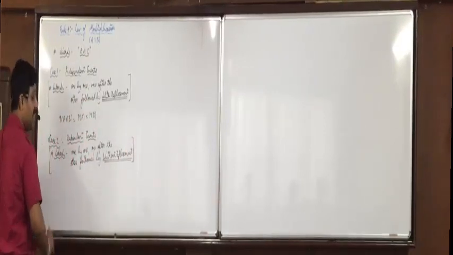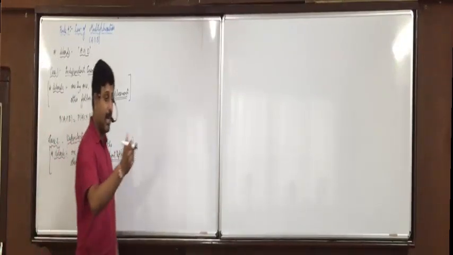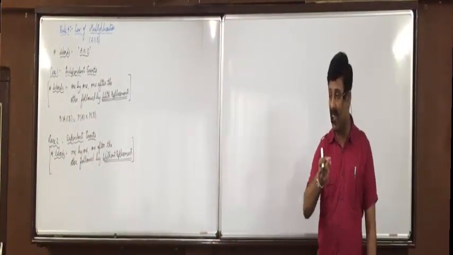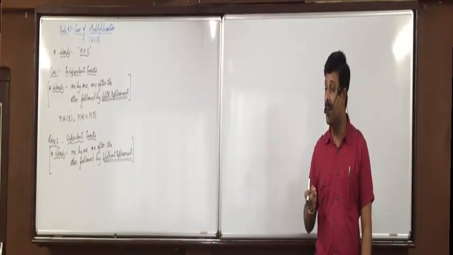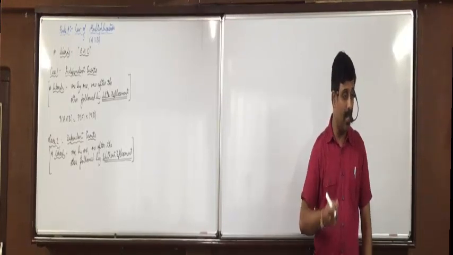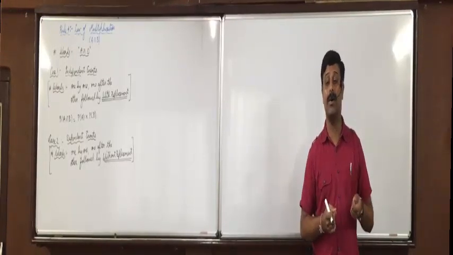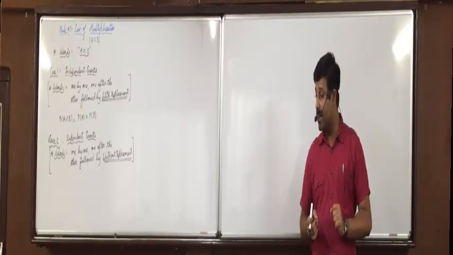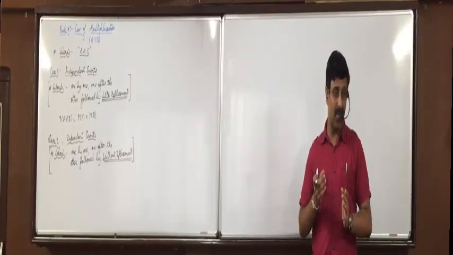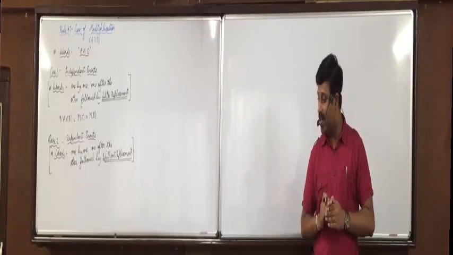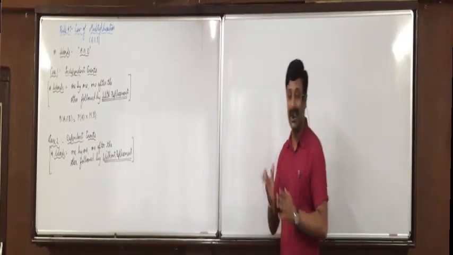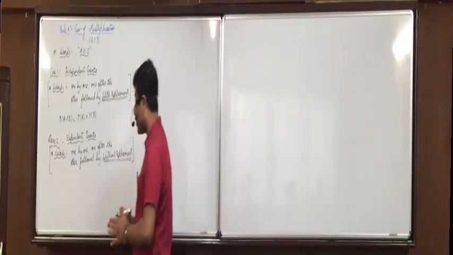Same words, but if they are followed by "without replacement", it means I select 2 cards, but I select the first card from how many cards? 52, then I don't keep it back. Now the second card I select from how many cards? 51. Does the second depend on the first or not? Because one card is selected, which one is selected will not come again. So the second card will be only from 51 outcomes. Here the second event depends on the first.